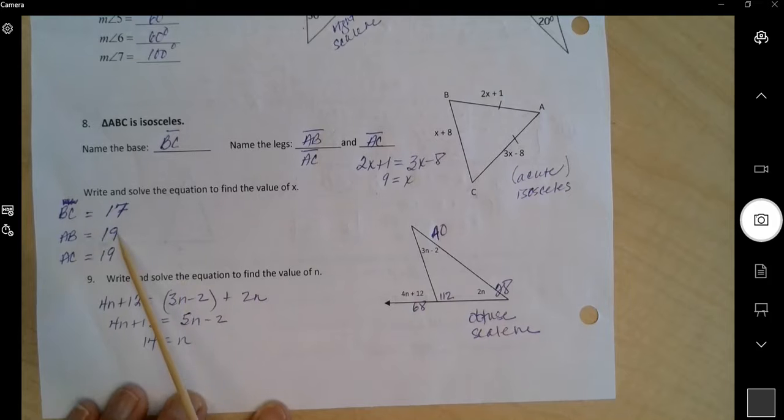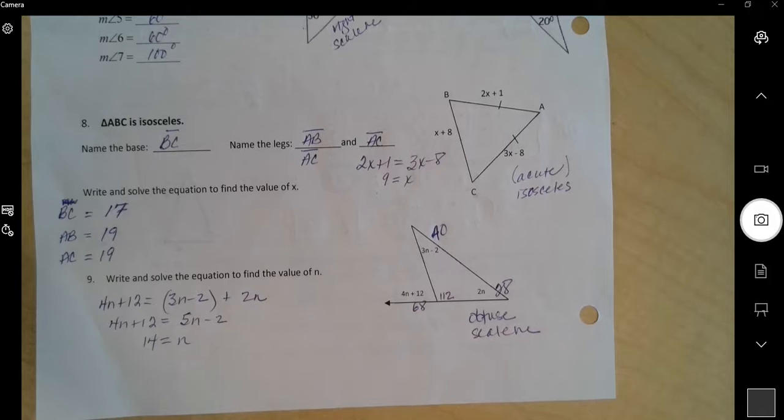That's how I found these measurements. Down here, I did the same thing, solving for N. This angle is equal to the sum of the two remote interior angles. When I solve for N... Sound okay?